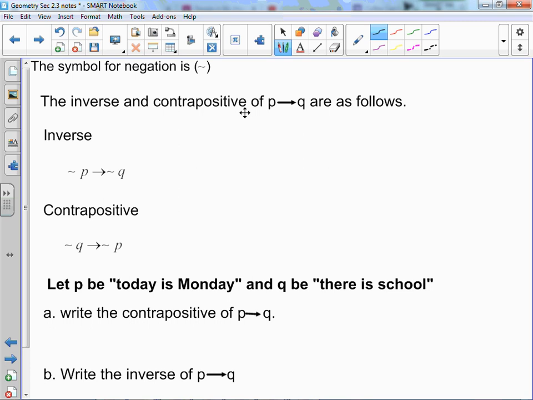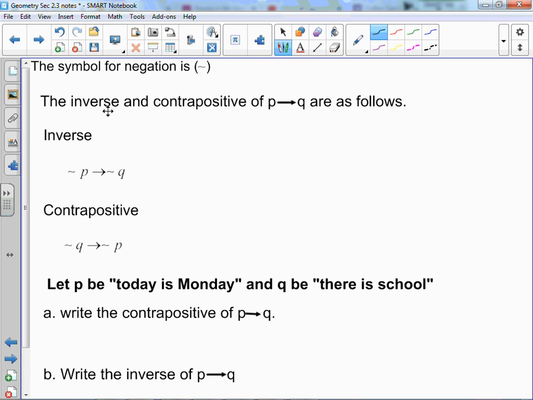All right, the symbol for negation is that little squiggly line there, right? And so if I see this little squiggle in here, that's negation. Remember, negation is putting in the word not or turning it into a negative statement.